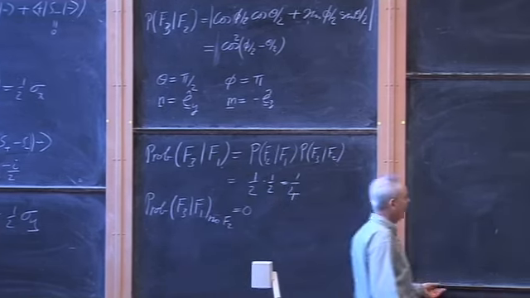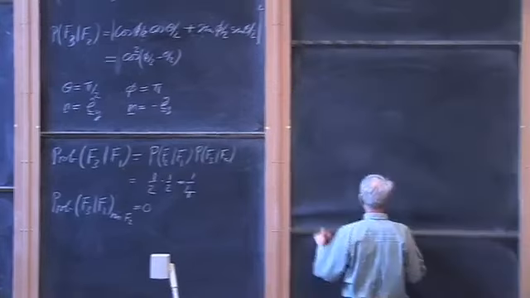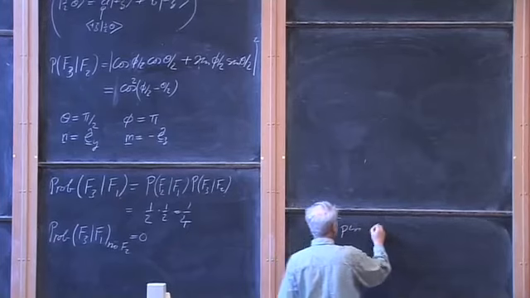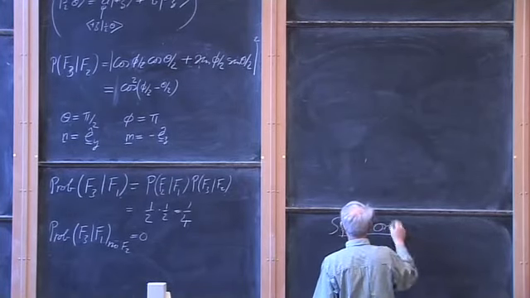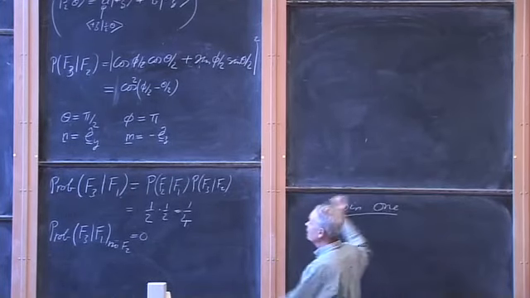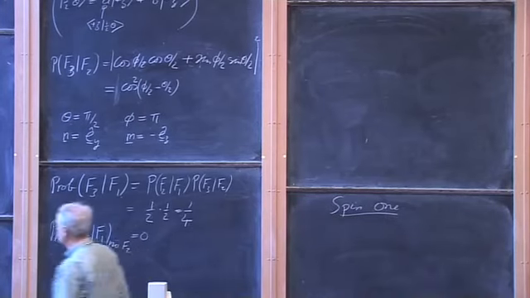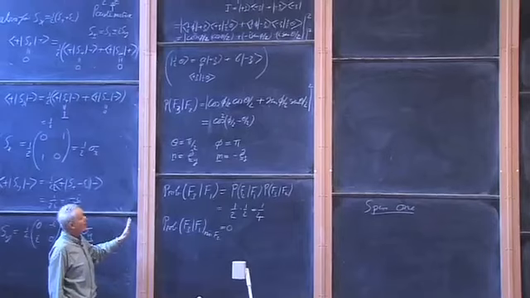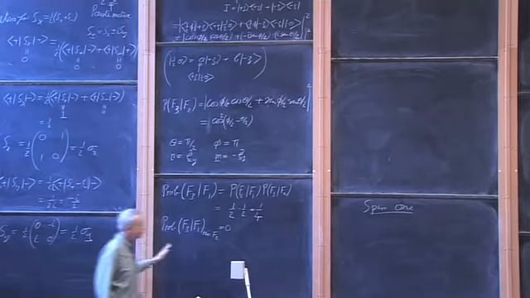So we should talk briefly, as I say, spin a half is far and away the most important case, but let's briefly talk about spin 1 and make the point that everything we've been doing here generalizes to arbitrary spin. There's nothing we've been doing here which is really peculiar to spin a half.